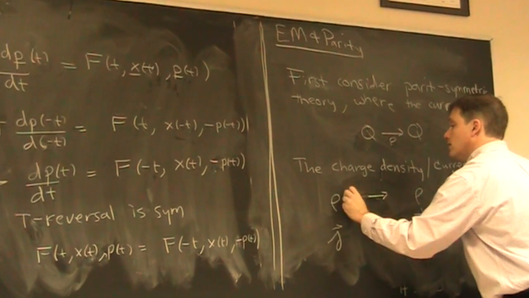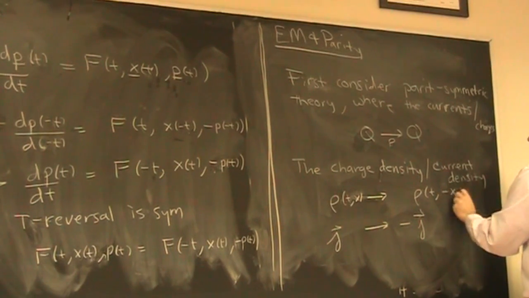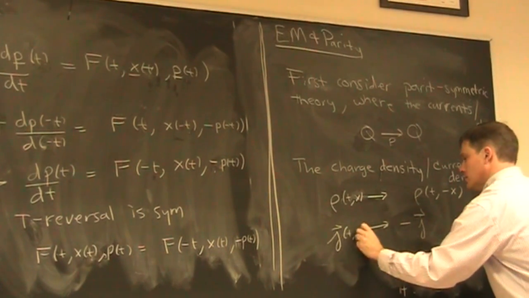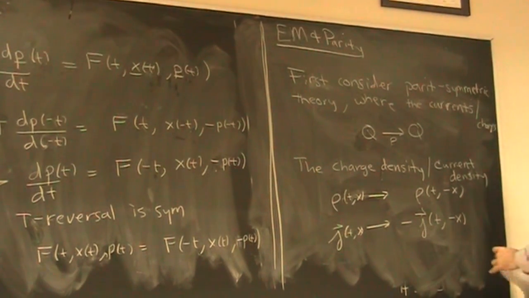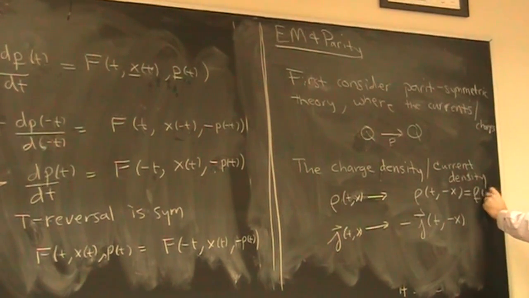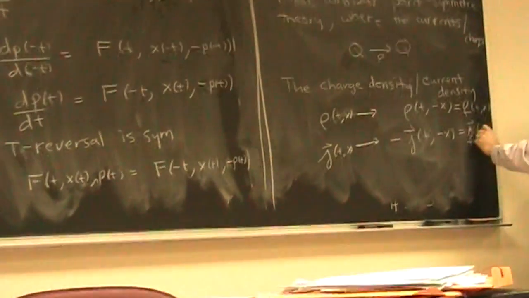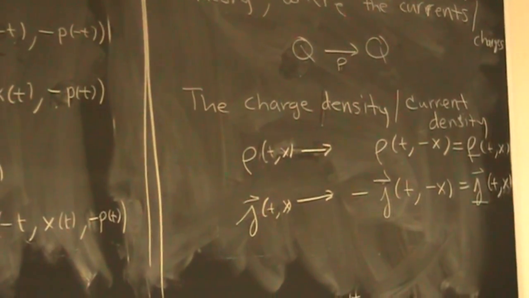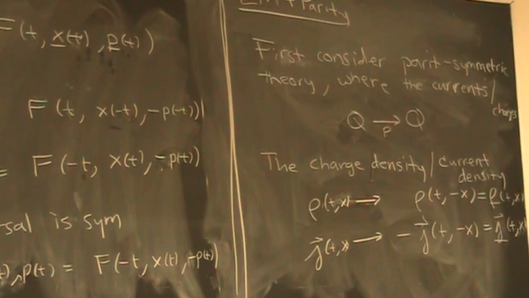And you put there the arguments, so rho is a function of t and x. Under parity inversion we get the following, which I was calling rho bar of t and x.